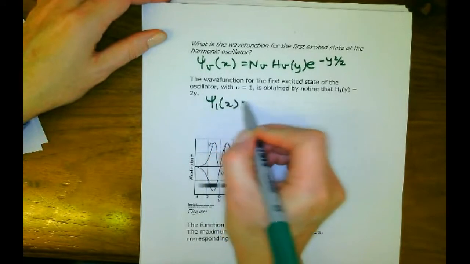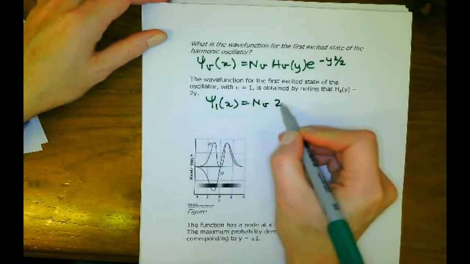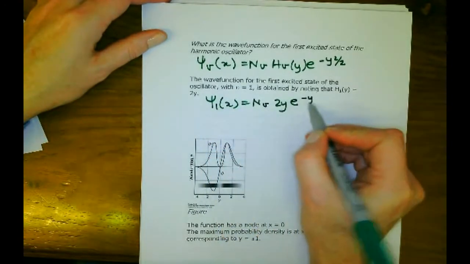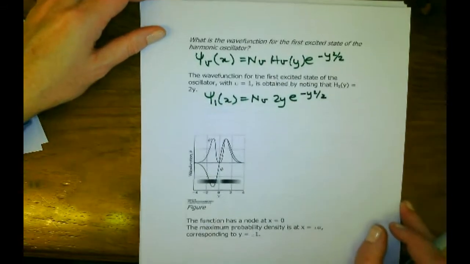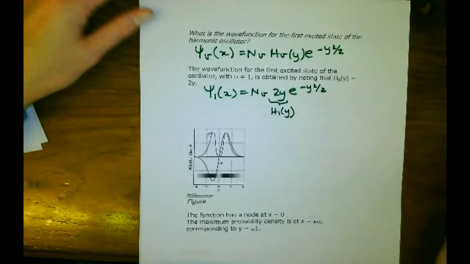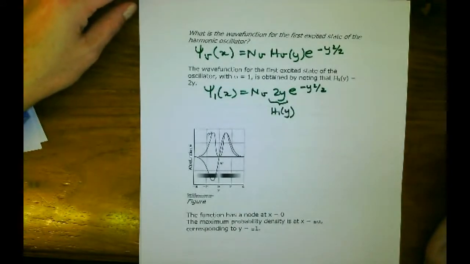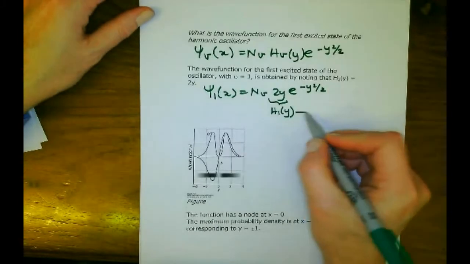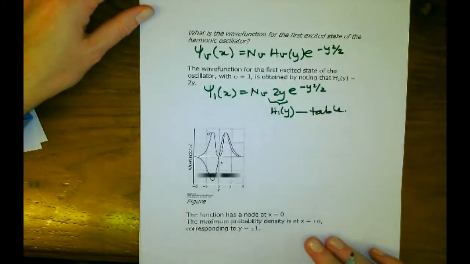So there we have the expression where that is the Hermite polynomial for the first excited state, and that you get from the table.